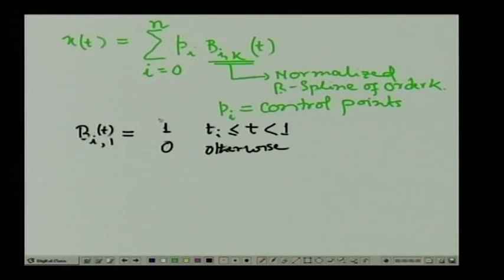So, this is equal to 1 for all values of t lying between t_i and t_i+1, t_i inclusive, and b_i,1(t) is equal to 0 for any other value of t.